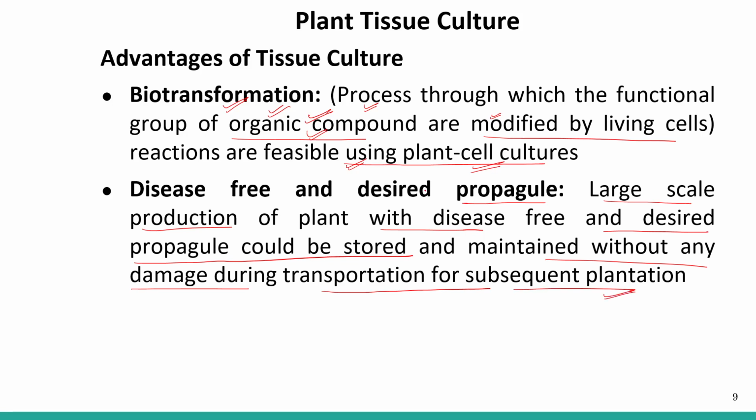The propagules which we get from plant tissue culture can be stored and maintained without any damage, and you can easily transport them and plant them in the natural environmental condition later on. So this helps in getting disease-free and desired propagules with this tissue culture technique.